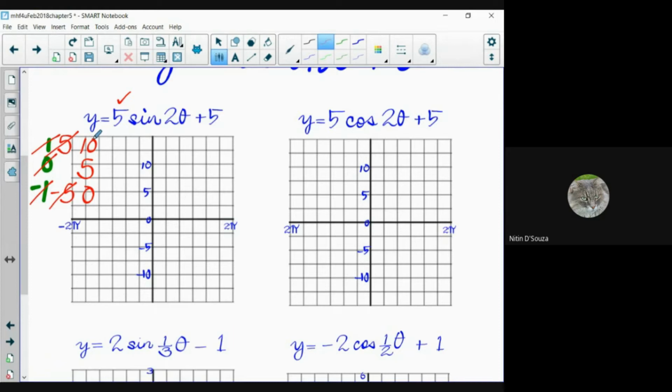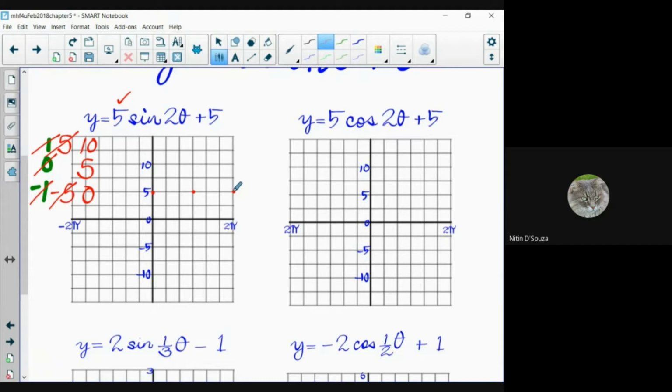And this means between 0 and 2 pi, I will have 2 sines. Okay, 2 sine curves. So you see 5, that's my midline. So that's where my sine starts. It'll end here and here. So one sine wave, another sine wave.